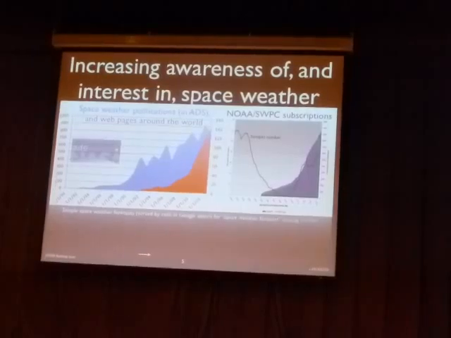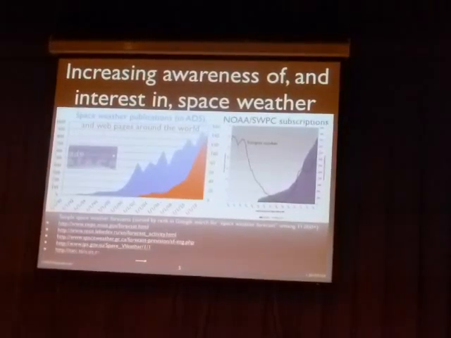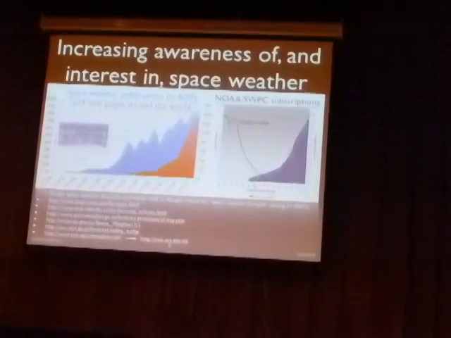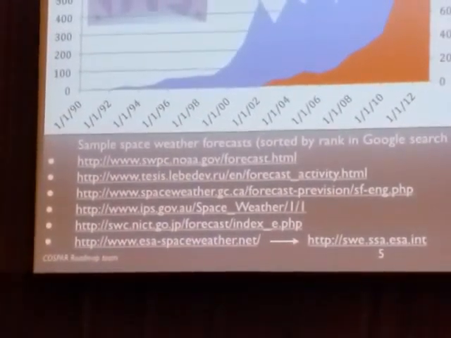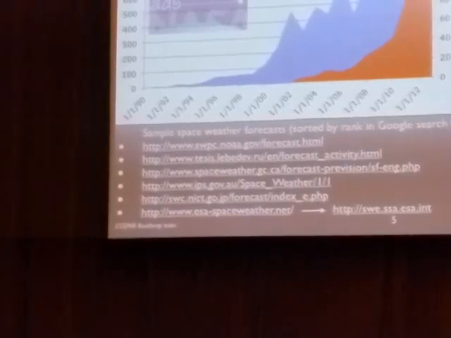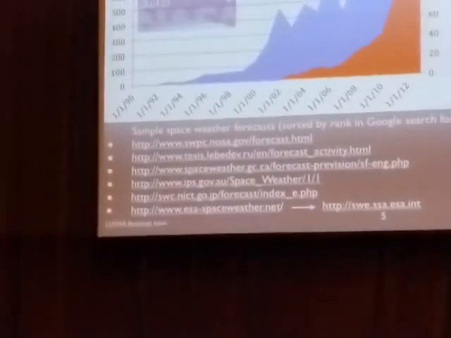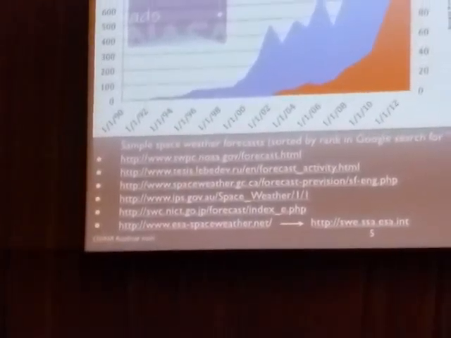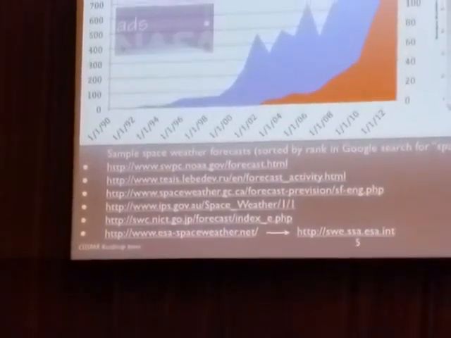Matching that, of course, if you ask for space weather forecasts, you get 31,000 sites that have that set of words in it. So finding your way through it is difficult, but if you look through the large ones, in the order in which Google returned them, you will see that there are forecast sites from all the official organizations that we are representing or work with in this environment.